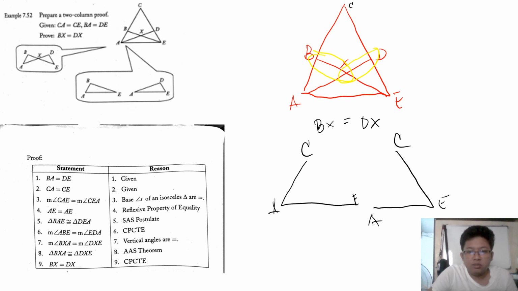Pinapakita ko sa inyo, iniisa-isa natin yung figure para mas makita ninyo yung pagkakaiba nila. Yan. So, base angles of isosceles triangle are equal. So, ito ay definition ng isosceles. So, you can say that base angles or you can state here the definition of isosceles triangle. Okay? So, pwede po yun.